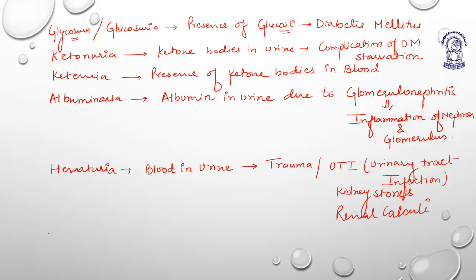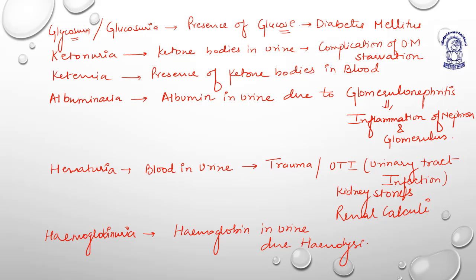The other one is hemoglobinuria, the presence of hemoglobin in urine due to hemolysis, that is rupture of RBCs.